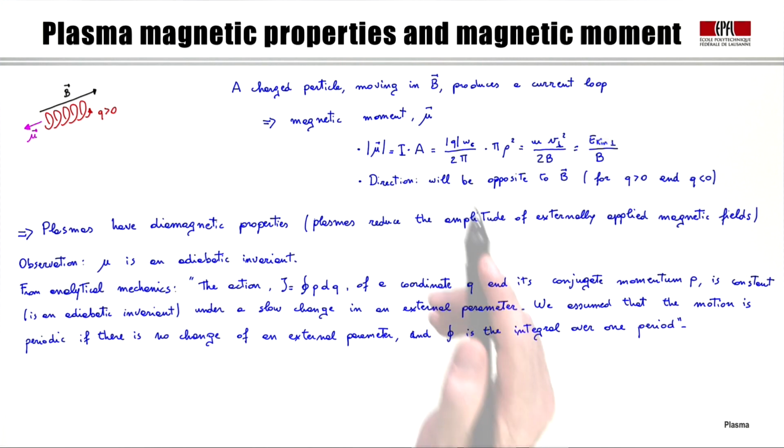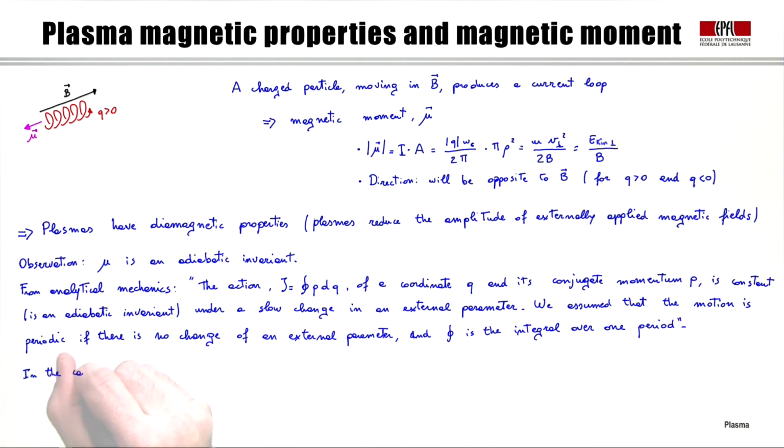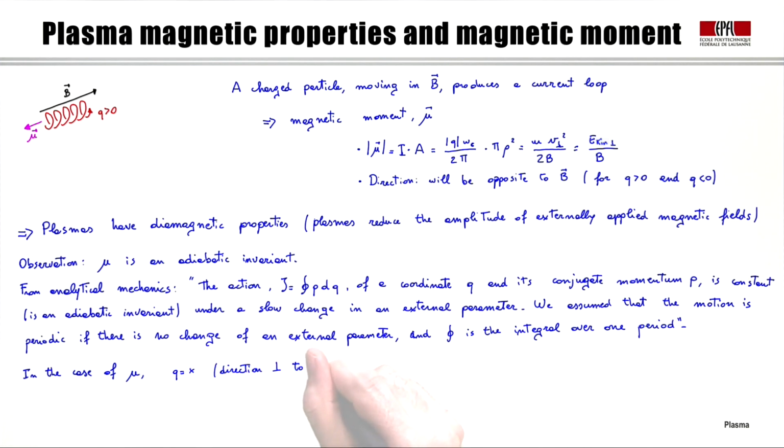Okay, in the case of the magnetic moment, let's see how we can apply this theorem from analytical mechanics. We can take q equal to x, a direction perpendicular to B, and the conjugate momentum will be given by m vx. If we evaluate the action of this coordinate x and its conjugate momentum m vx, we have the integral of m vx dx.